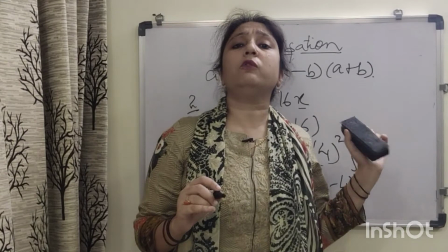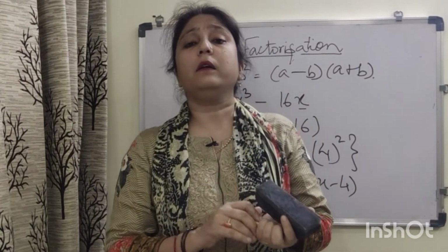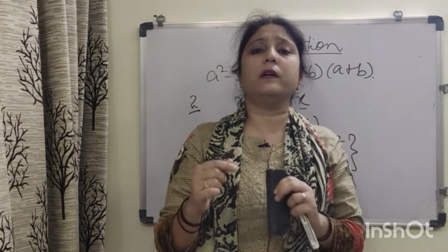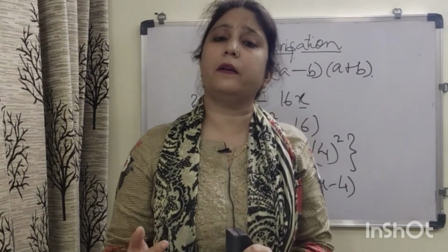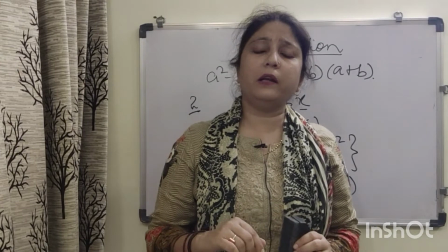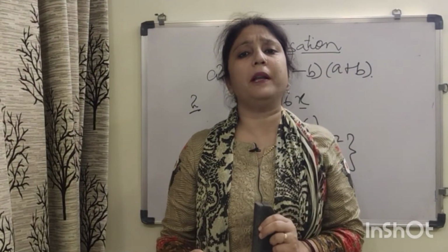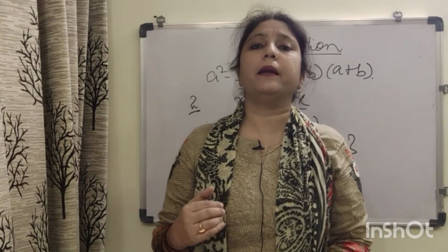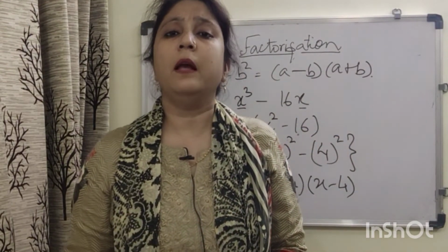So, through this question, you have seen that taking common is the first step towards any question of factorization. You have to check if there is anything in common. First, you have to take it common, and then you will apply the identity a square minus b square.